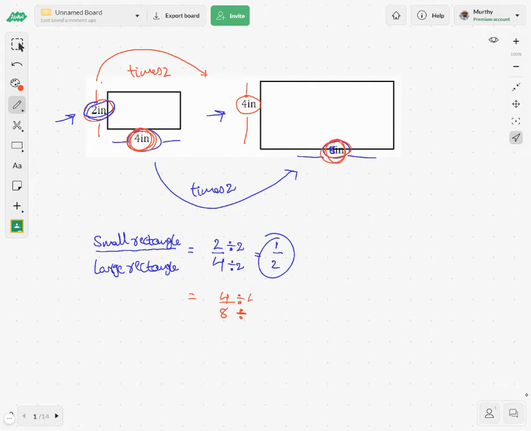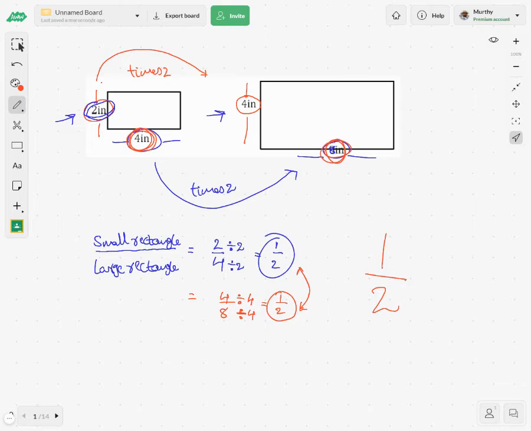Always I prefer to take the largest number, that is the highest common factor. So when you divide 4 over 4, that gives me 1. 8 over 4 is 2. So 1 over 2. You see that these two are one and the same, so the ratio of the smaller rectangle to the larger rectangle is 1 over 2 in terms of sides and also the perimeter.